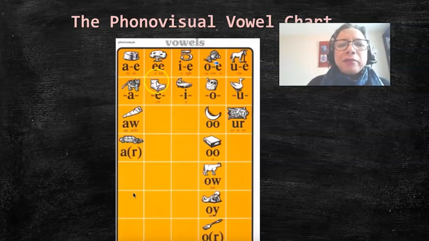Cat A, bed E, pig I, top O, duck U. And let's go back to the long vowels. Cake A, tree E, five I, rose O, mule U.